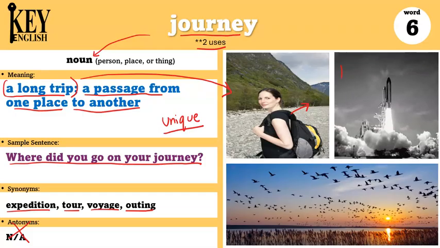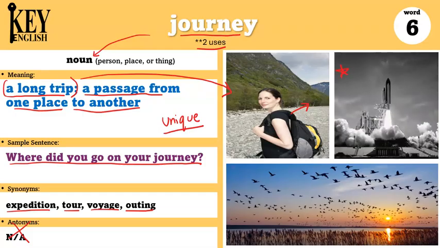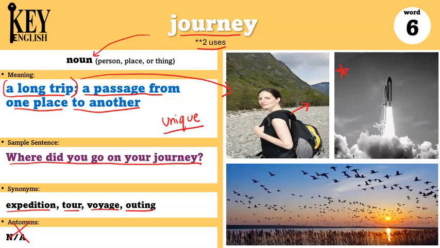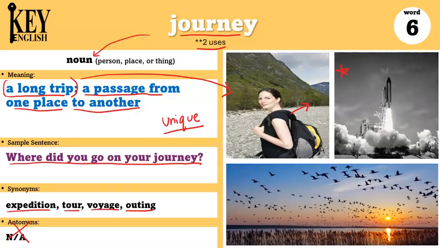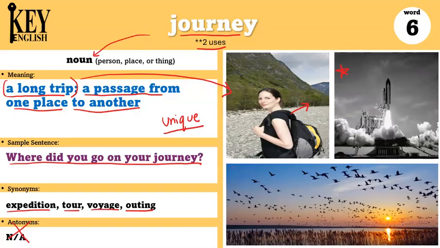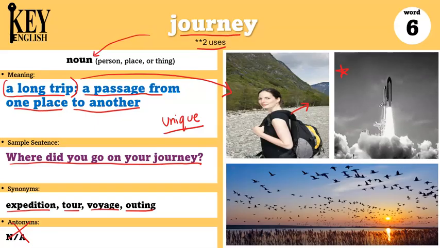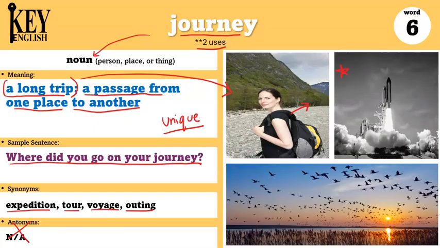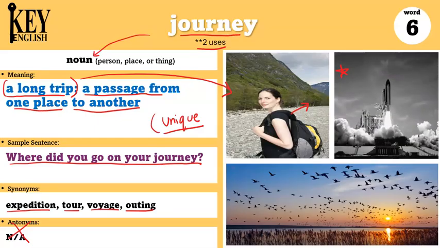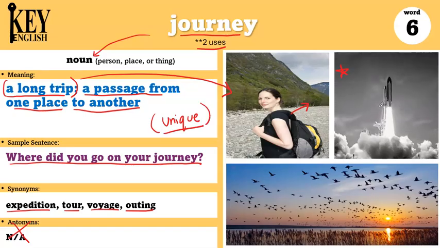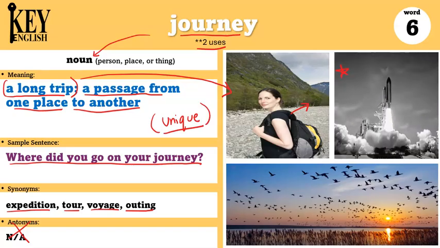For example, an astronaut that's going to the moon would be going on a journey. However, if I'm just taking a vacation to Jeju Island, that's not really a journey. That's not anything unique or special or amazing. It's just a normal trip.